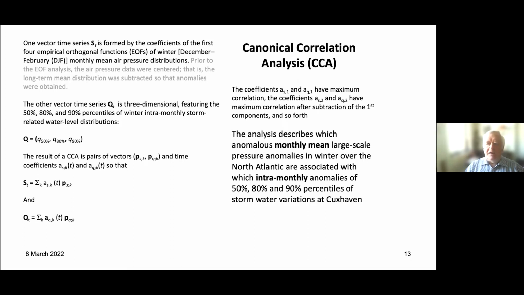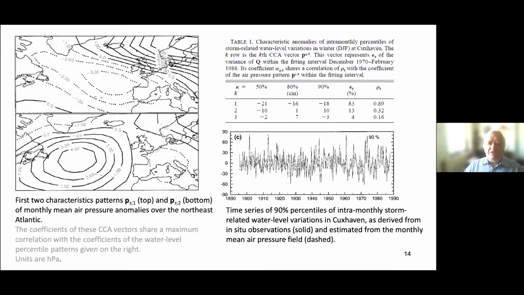A S2, A Q2 have maximum correlation after subtraction of the first component, and so forth. And so the analysis tells us which anomalous monthly mean large-scale pressure anomaly in winter over the North Atlantic is associated with which intra-monthly anomalies of 50, 80, and 90 percentiles of stormwater variations at Cuxhaven. So we are relating one set of statistics, namely monthly means, to another one, intra-monthly percentiles.